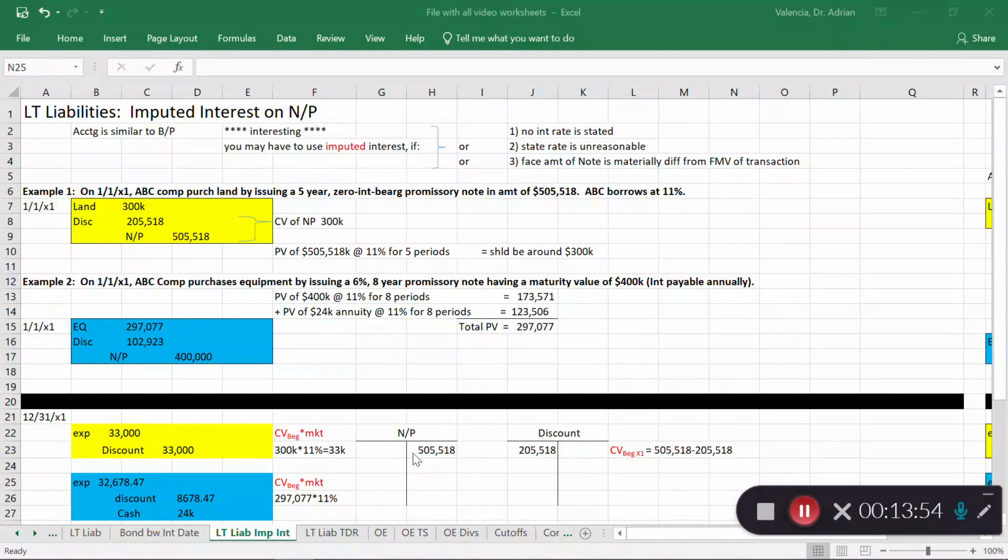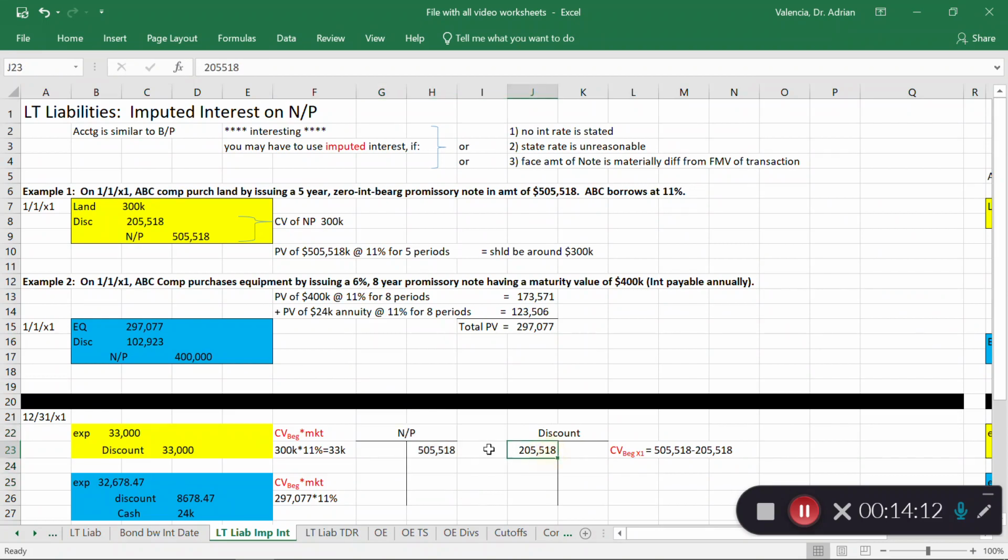Sometimes students get confused about this idea of the carrying value, so we've got to be real clear here. When we started this, we had a note payable of 505. This is the yellow one. But with it, we had a discount of 205.